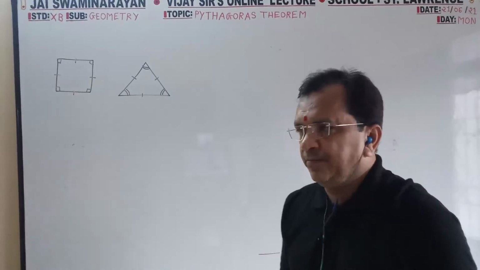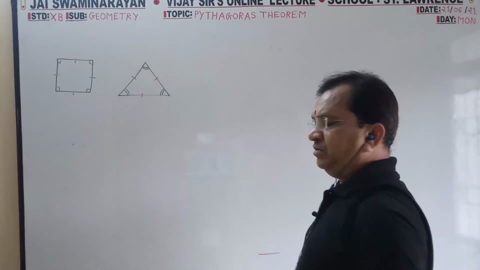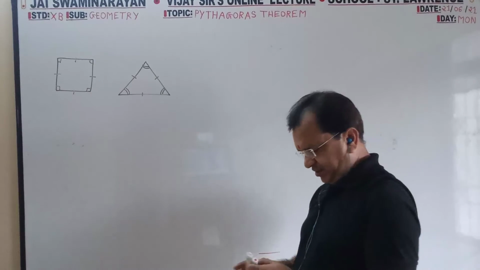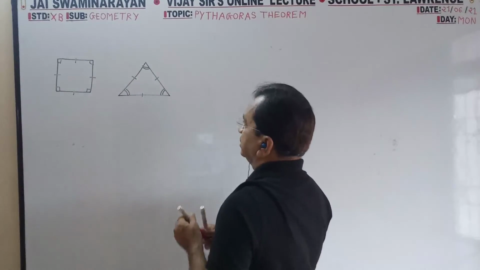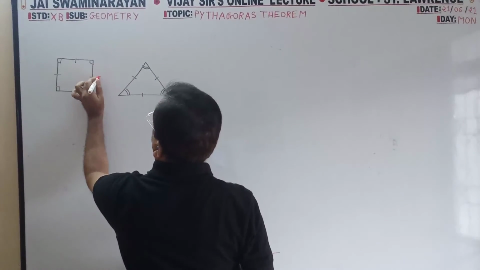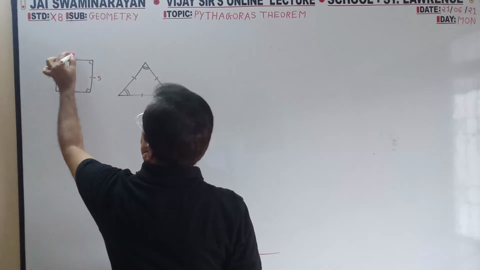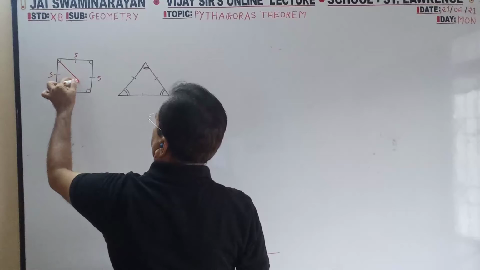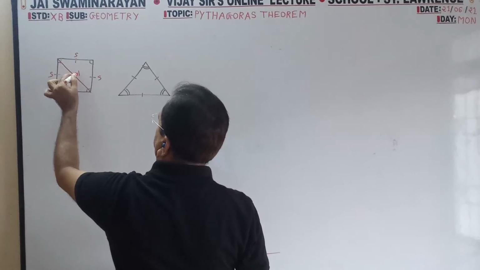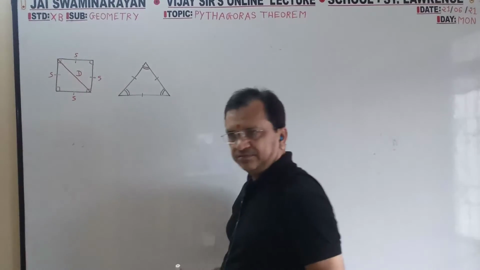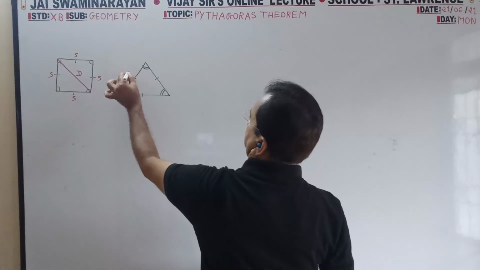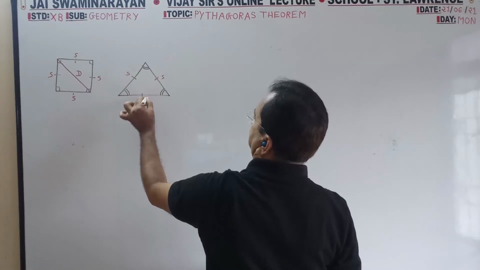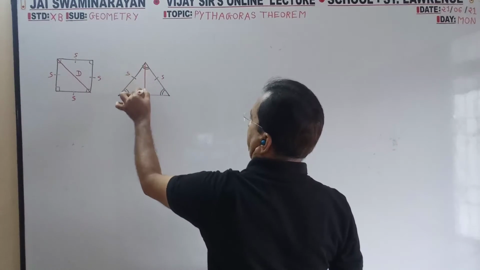Now only for square. Suppose sides are S and this is the diagonal. These sides are S and this is the height.